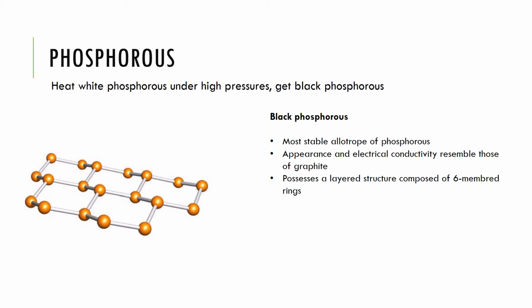Problem is, it's a little bit more difficult to make because you have to heat white phosphorus under high pressures. So there's an inherent cost to that. Heating anything under high pressure is expensive. So there's an economic impact of that, whereas graphite is readily available.